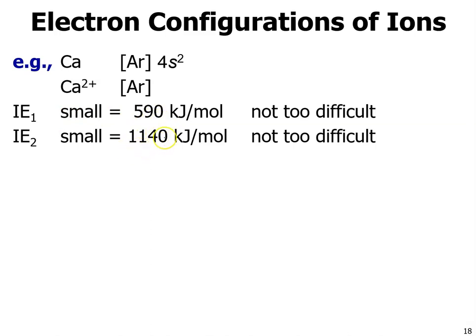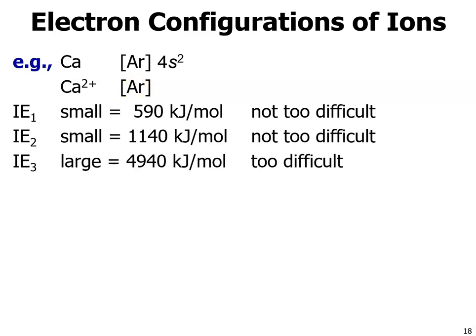So it's still getting higher as we pull off that second one, but it's still manageable. And if we now go into these core shells, in the 3p6 orbital, for example, in argon, that would be in here, now this energy gets quite a lot higher. So it's about 5-fold more energy required.